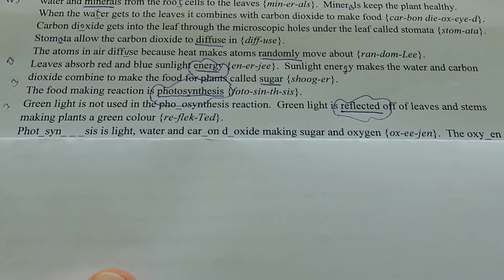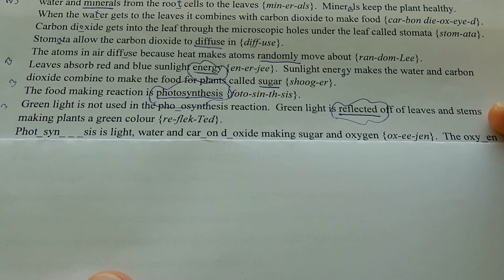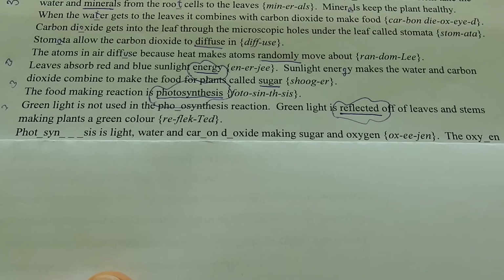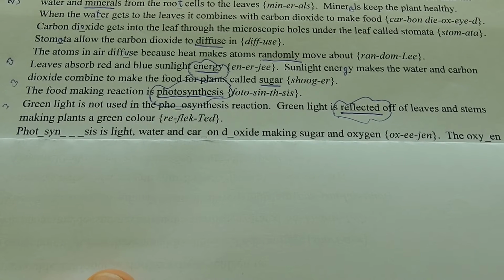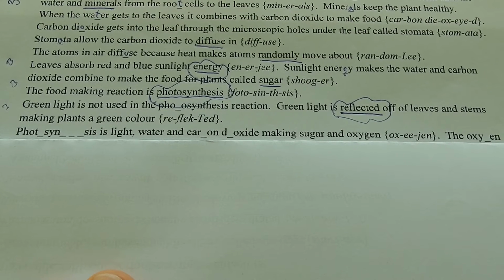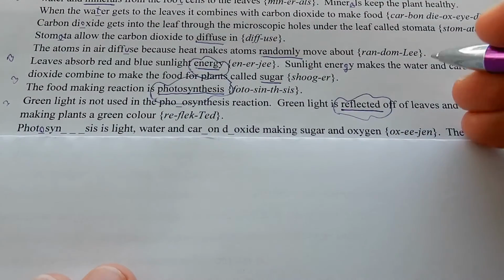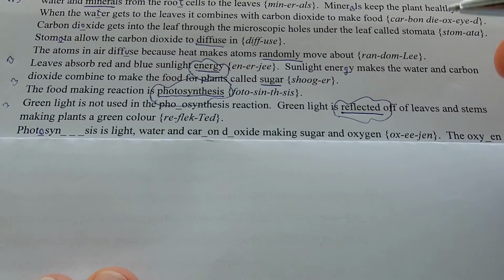Photosynthesis is light, water and carbon dioxide making sugar and oxygen. Yes, if you put a plant and just shine green light on it, it won't be able to do photosynthesis and it will die. So don't do that. Well, okay, you can do it as an experiment, but don't do it lots.